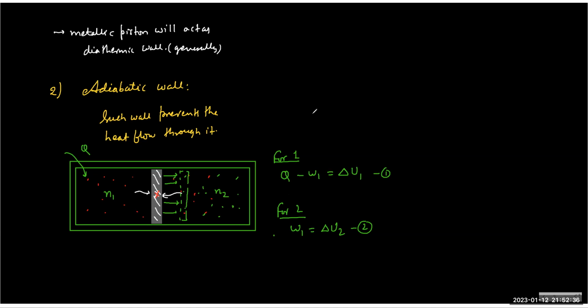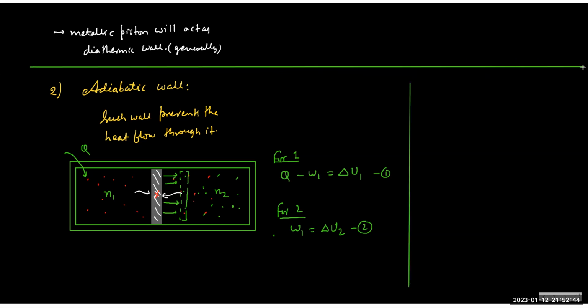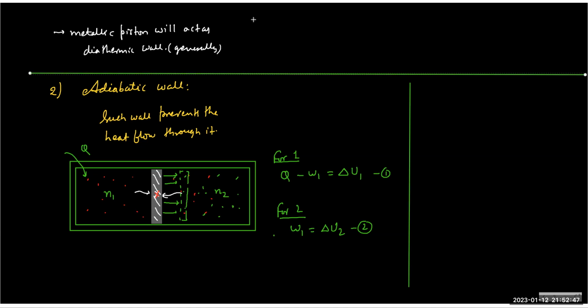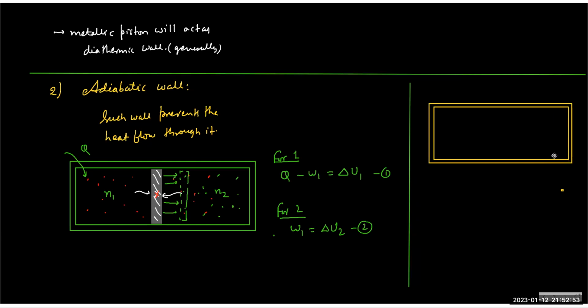Now, if I have again a question in which we have an adiabatic wall, and then I also attach some spring, how are we going to write the equations? Let's say we have a container, and I'm taking the wall as an adiabatic wall, so nothing can pass through.